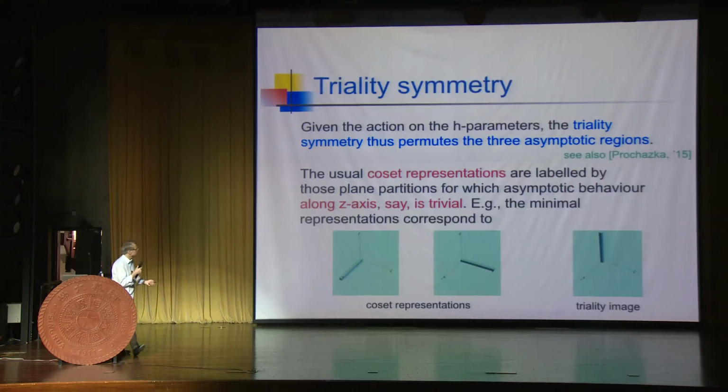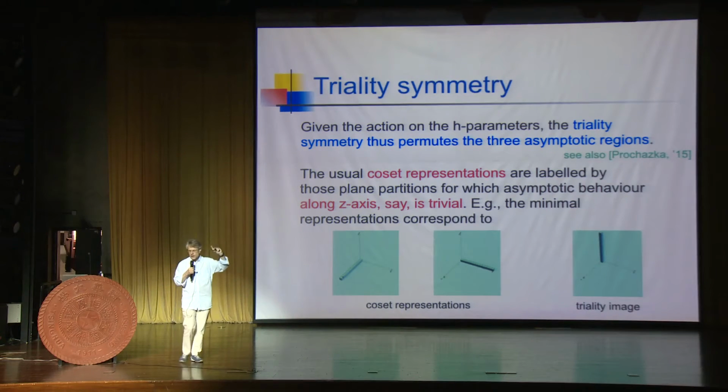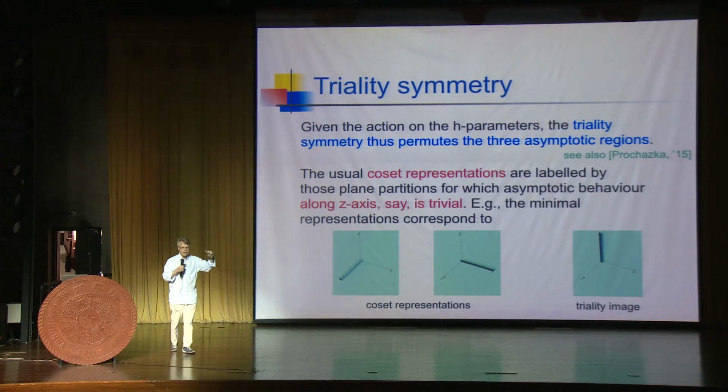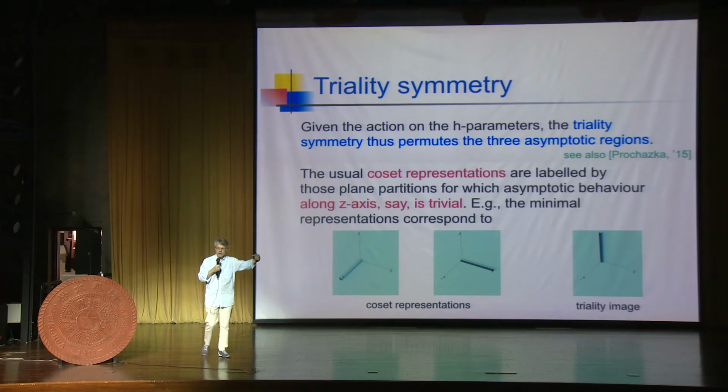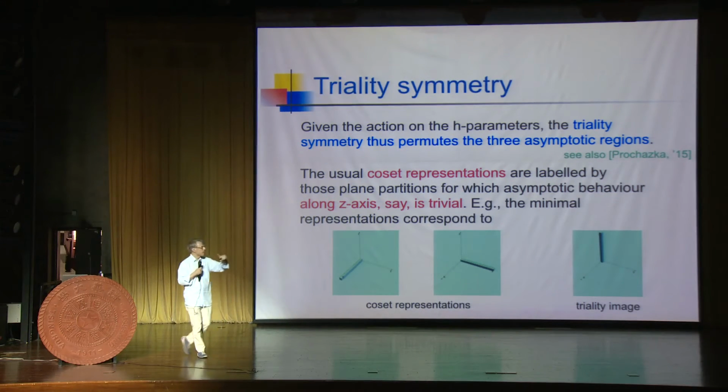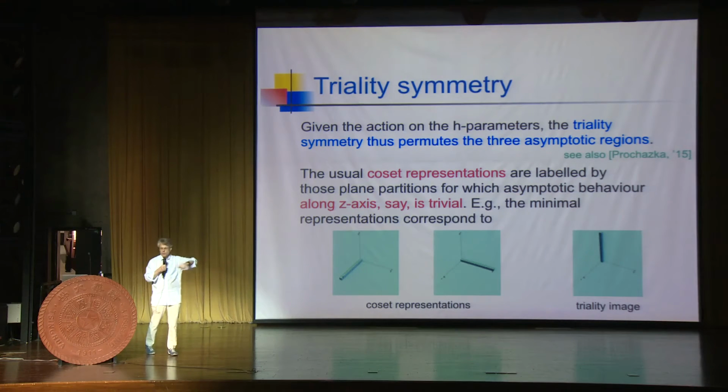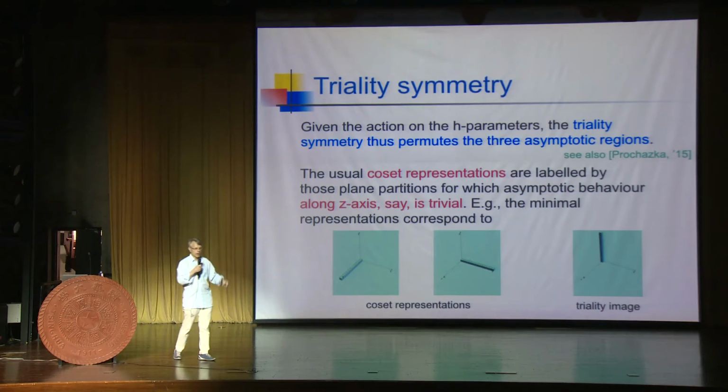What this tells you in particular is that the triality symmetry just permutes the asymptotic behaviors, because the triality symmetry permutes h1, h2, h3, but h1 describes the x-axis, h2 the y-axis, h3 the z-axis, and therefore the triality symmetry will just permute the different asymptotic regions into one another.